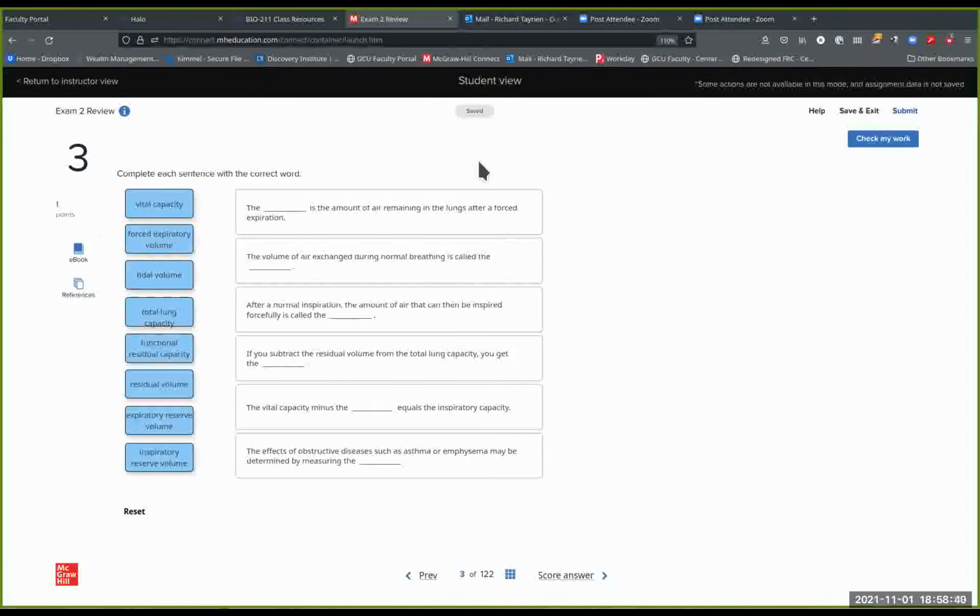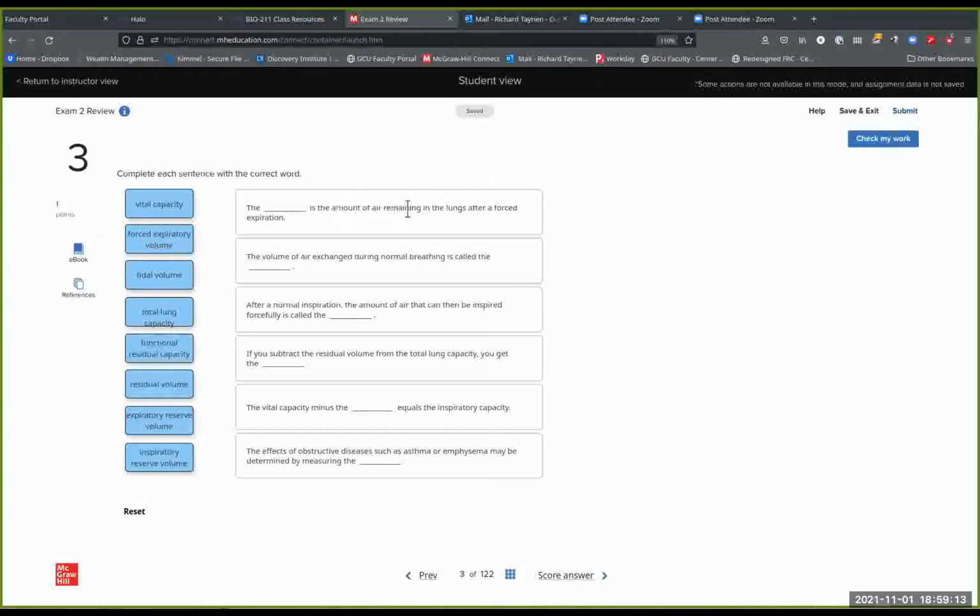Oh, here we go. So a lot of people struggle with the tidal volume. At least one of those volumes will be on the test. So the four main volumes to remember are tidal, the inspiratory reserve, expiratory reserve, and then the residual volume.